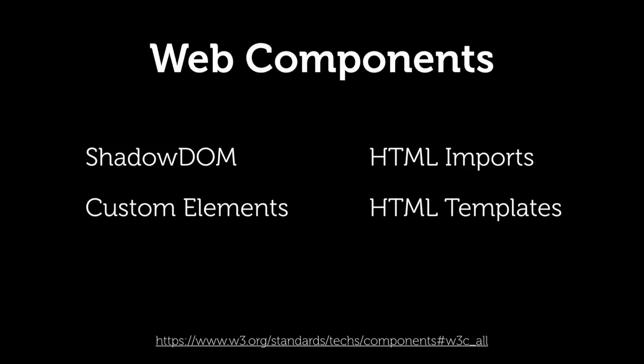Together with custom elements, HTML imports and HTML templates and the shadowDOM, they form the 4 standards that make up web components. So web components, in a nutshell, they allow us to bundle markup into custom HTML elements.